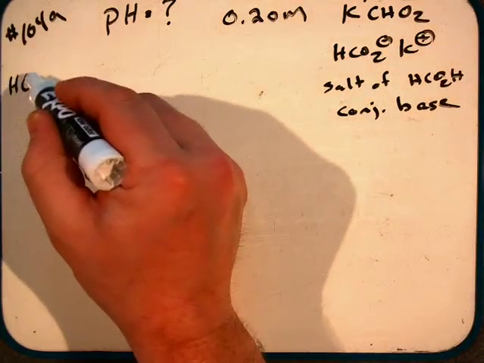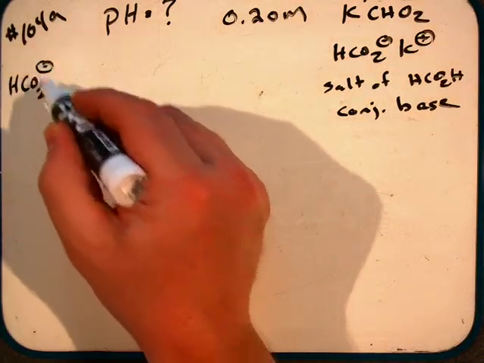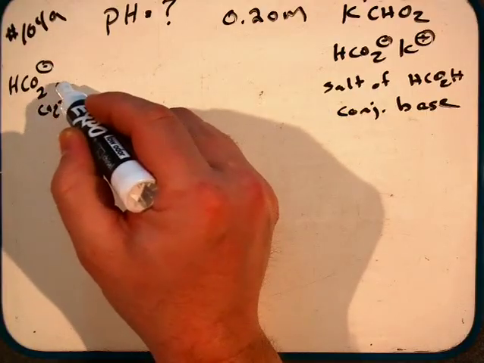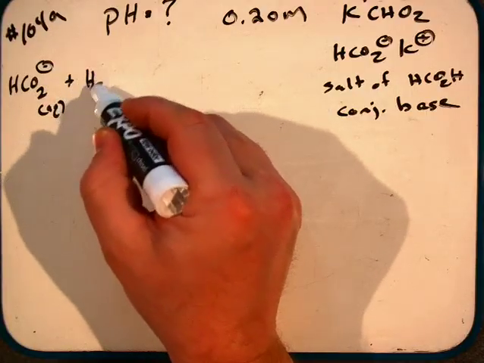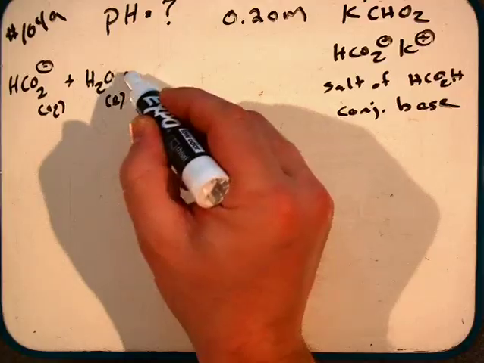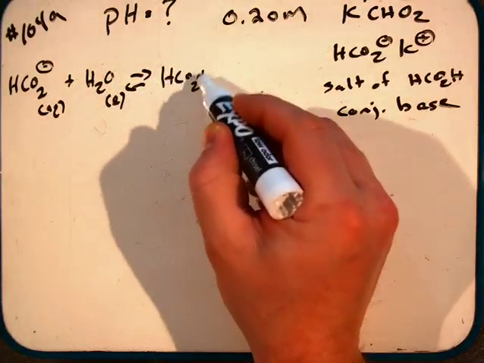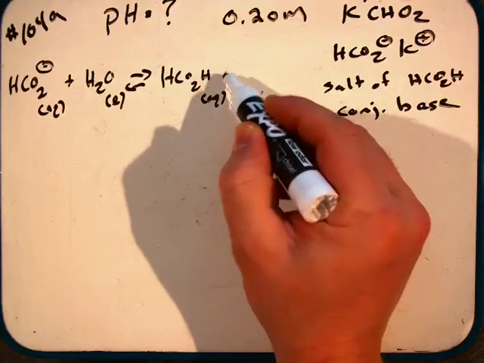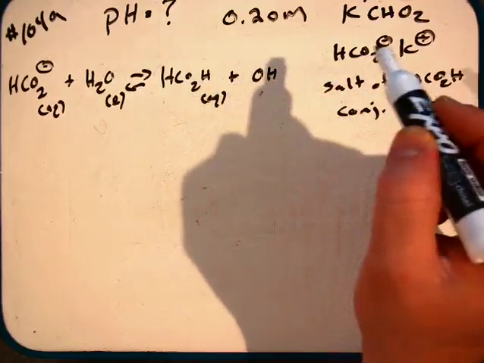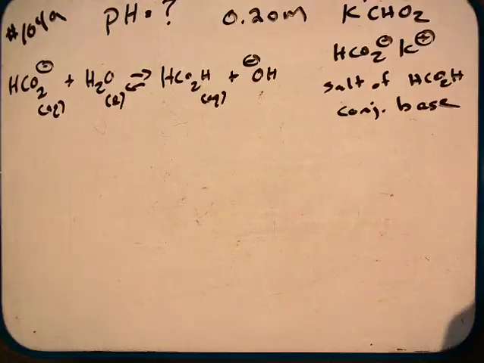This simply dissolves away, and it's really the anion, the formate, that is going to act as a conjugate base, deprotonating water to generate formic acid and hydroxide.